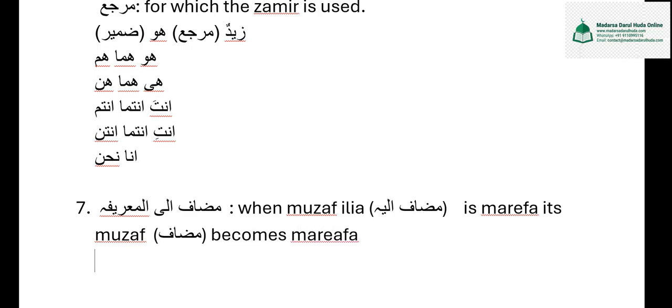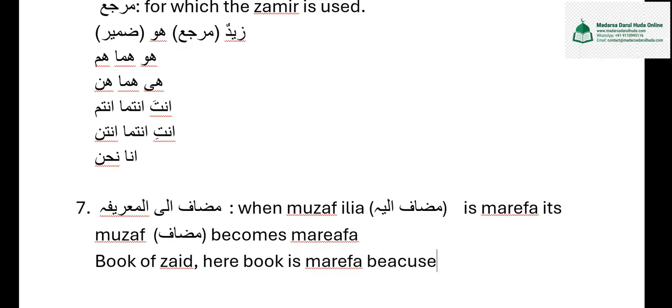For example, when you are saying book, it can be any book, but when you are saying Zaid's book, book of Zaid, this means we are talking about a book which especially belongs to Zaid. So we are not talking about any general book. So here the mudaf ilayhi Zaid was marifa, and when we related that book with the mudaf ilayhi Zaid, the book also becomes marifa. Like book of Zaid, here book is marifa because of Zaid.